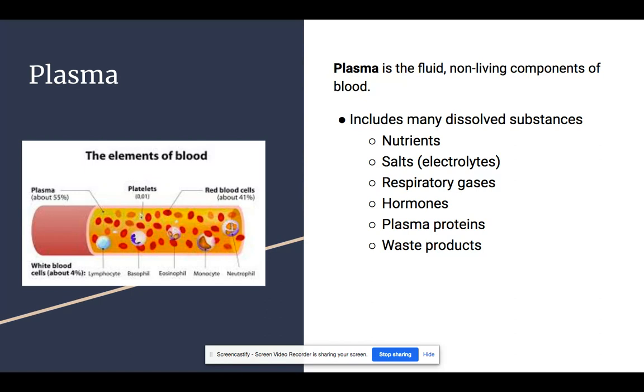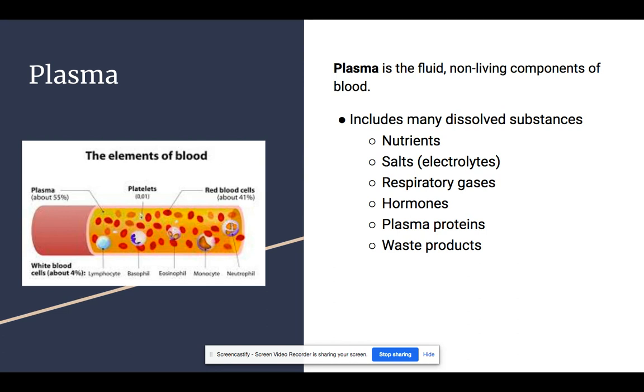So let's look at plasma. What is this plasma? When we look at the fluid part of blood, we know that there has to be a lot dissolved in there. So again, it's the fluid non-living component of blood. But it's really, really important because it's going to be dissolving many things that need to be transported in the blood.